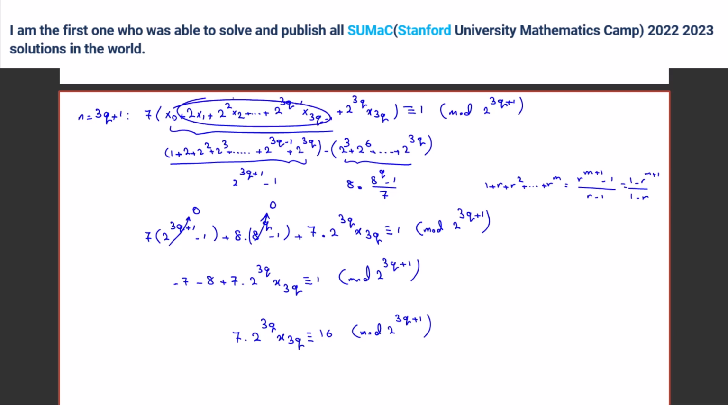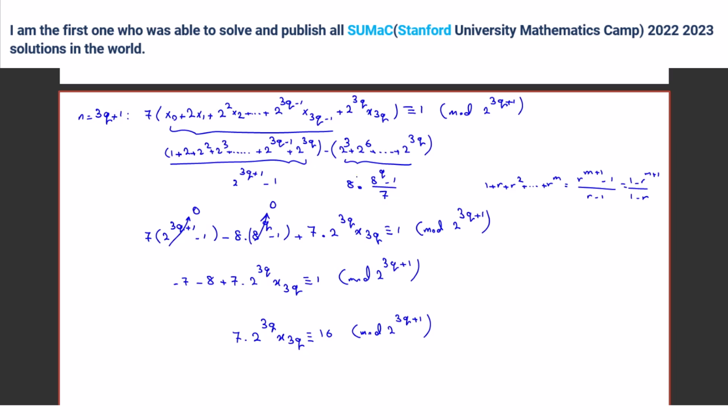We said this one is 1, 2 to the 3q minus 2 cubed minus 2 to the 6 minus 2 to the 3 cubed plus this one. So this one is 2 to the 3q plus 1 minus 1, 7 times this minus this one, 8 times 8 to the q minus 1 over 7. So when you multiply, it is not plus. Here it's minus, right?